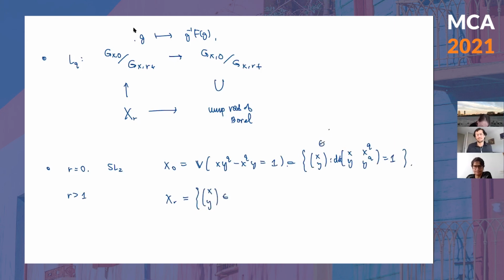What we'll do for XR is take this same equation, but instead of just taking things inside this two-dimensional affine space over F_q bar, I'm going to take it over the Witt vectors of some truncated Witt ring. Then take the same thing, the determinant of (x, y), (Frobenius of x, Frobenius of y) equal to 1. That is the XR in this special case of SL2.